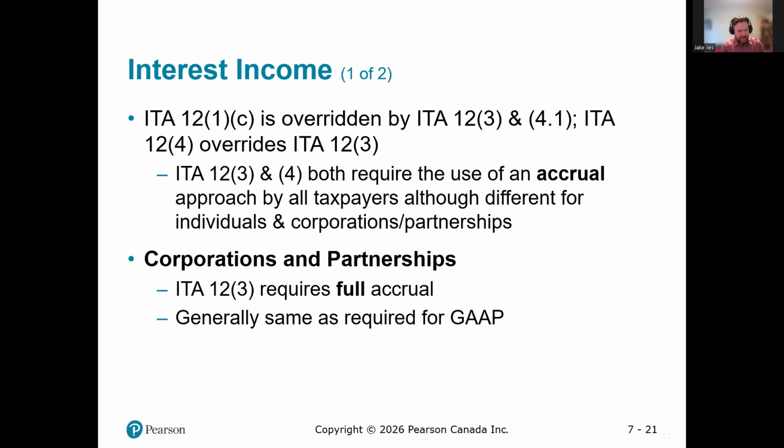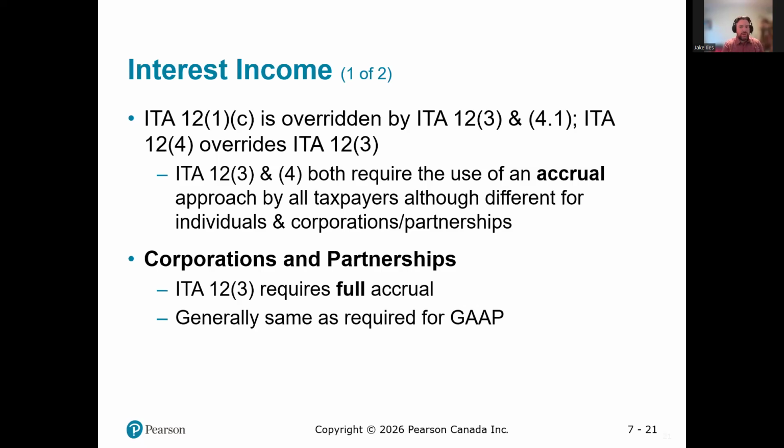So when I give a loan, now my corporation's earning interest income. The loan might not have a physical payment every month. Maybe the interest gets paid at the end of the loan. This is something you see often with GICs and bond discounts, for example.